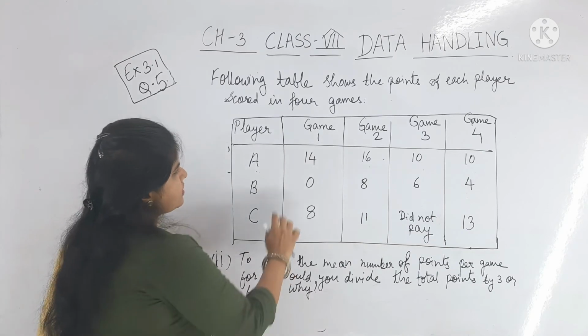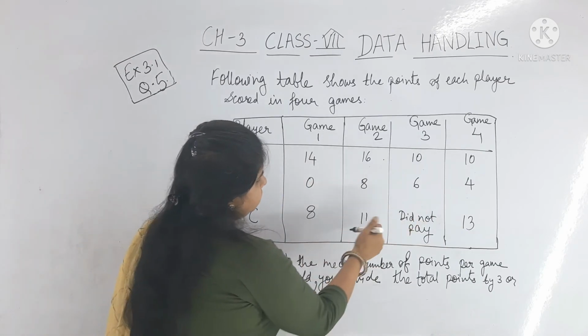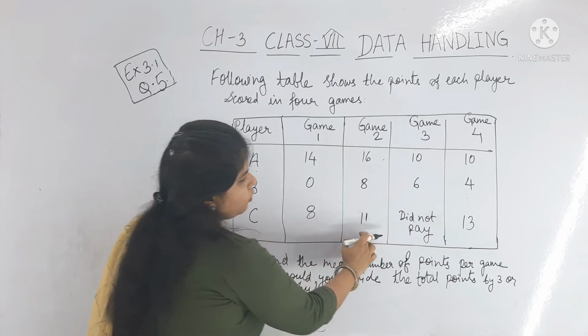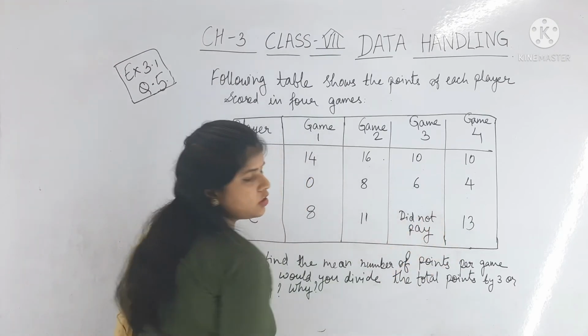So here the number of games is 4, but it is given that C played only 3 games. Here it is did not play, okay.